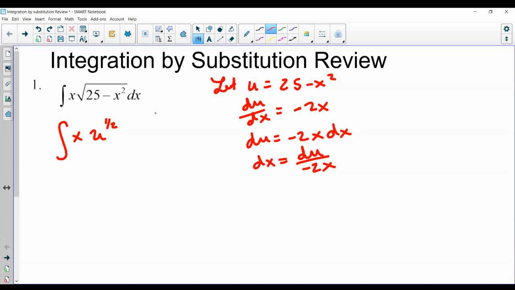This dx is right there. So it's du over negative 2x. So perfect. The x's are going to cancel. You need that to happen. And I'm left over with 1 over negative 2, u to the 1/2 du. Okay, so now I have a simpler integrand that I can solve.